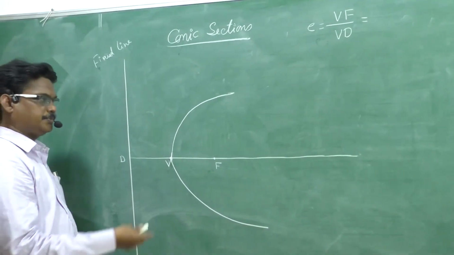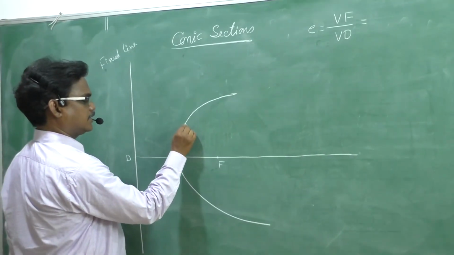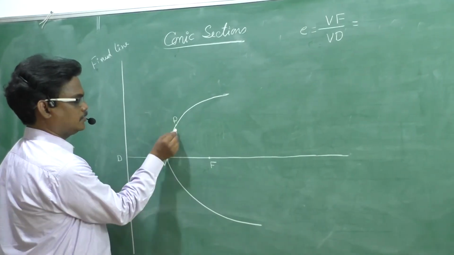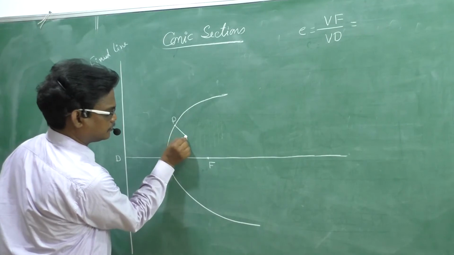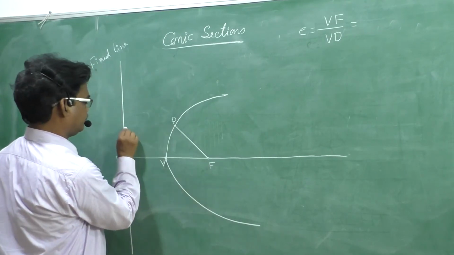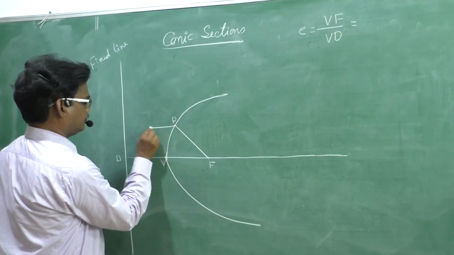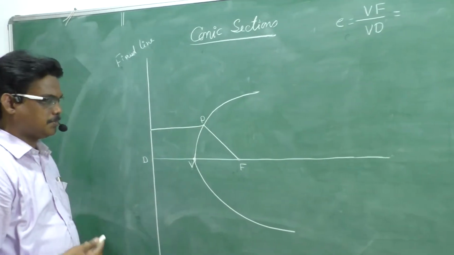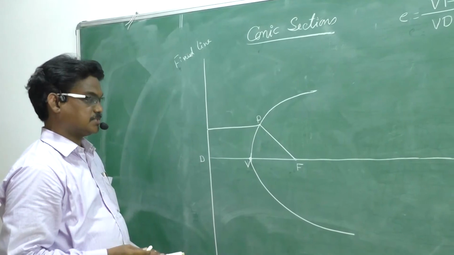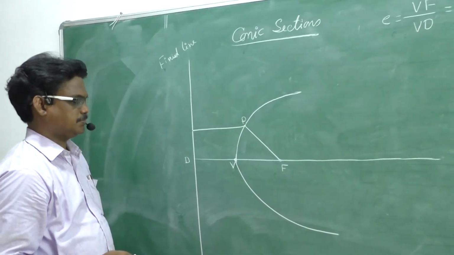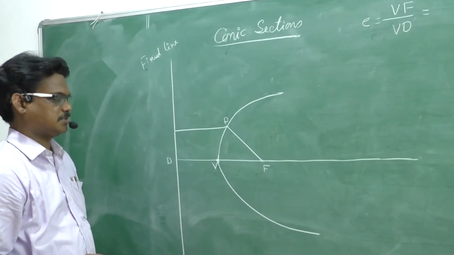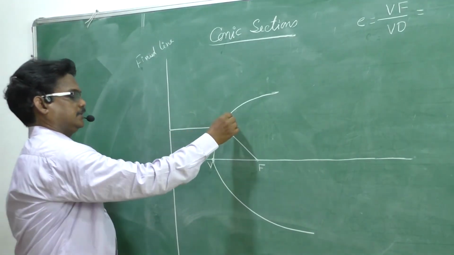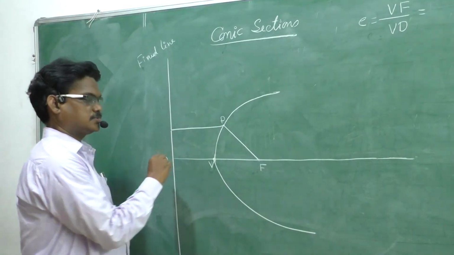Okay. And here if you consider a point P at this point, and if you consider PF by PD, PF by PD also gives the same ratio. And if you consider another point, that also gives the same ratio.